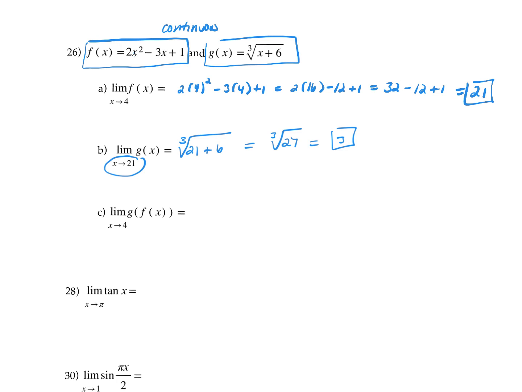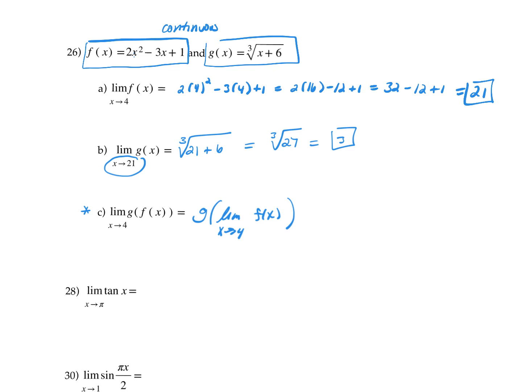Okay, for part C, this will not be on your quiz. We have a composition. So it says the limit as x approaches 4 of g of f of x. And that's going to be equal to g of the limit as x approaches 4 of f of x.